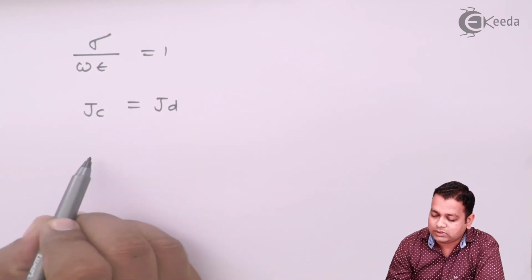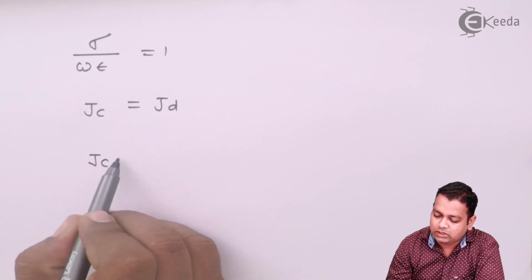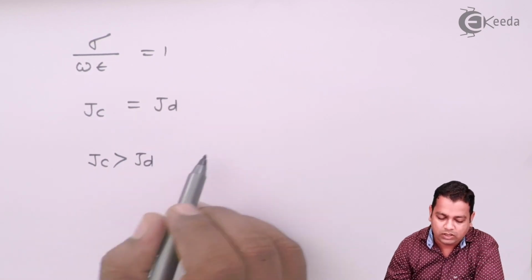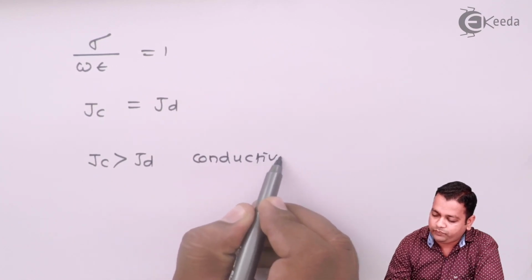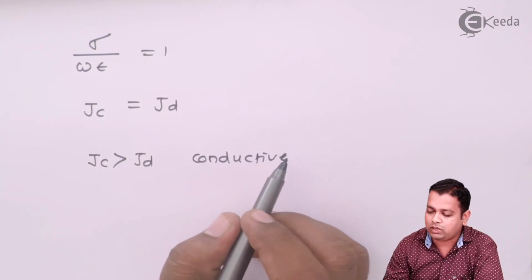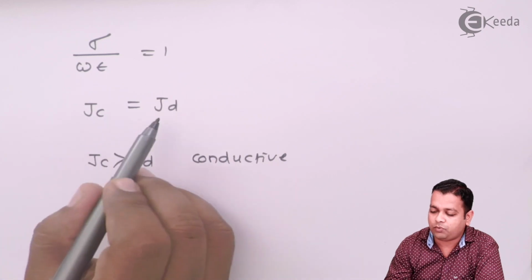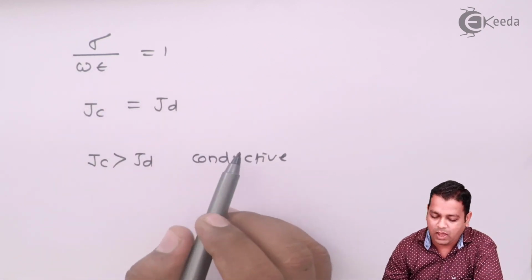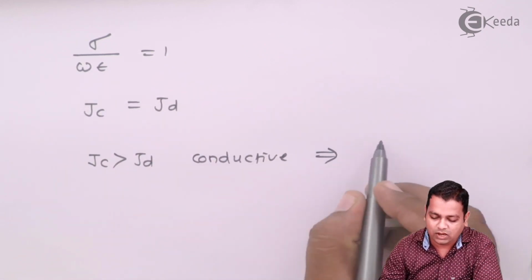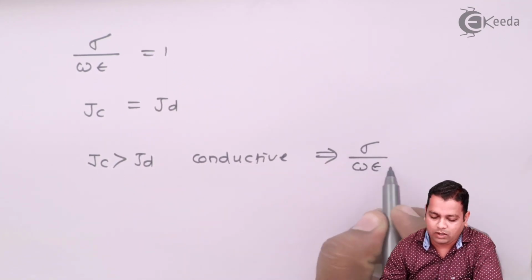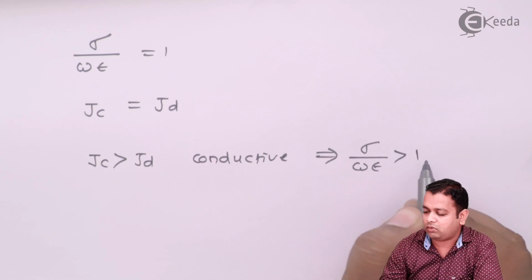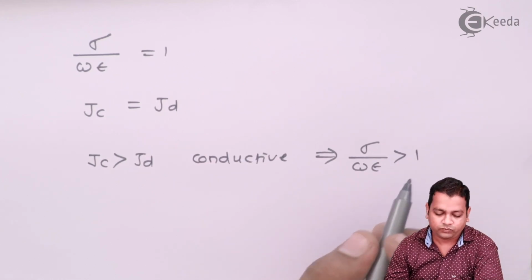Hence, if we take the case JC greater than JD, we shall simply write that it is a conductive medium. For this conductive medium, as we have taken JC upon JD equal to sigma upon omega epsilon, we shall say that for the general conductive medium, sigma upon omega epsilon holds a value that is greater than 1.